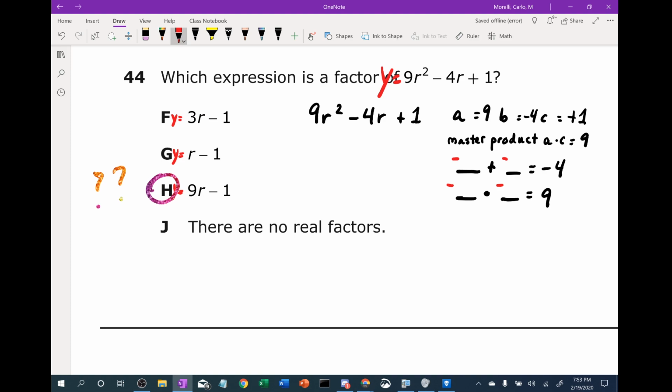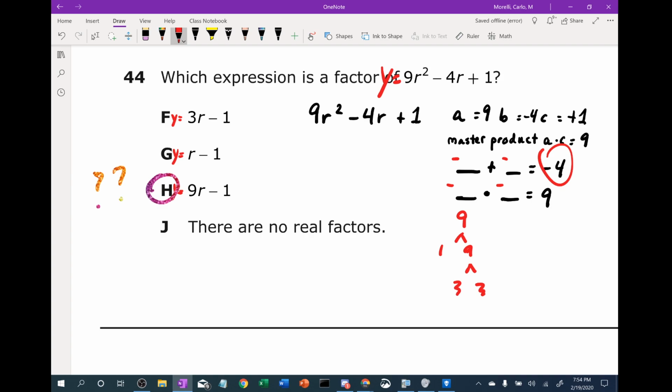Okay, so here's the thing. If we factor 9, we get 1 and 9 and 3 and 3. There's no way to get negative 4 by adding those or anything like that.